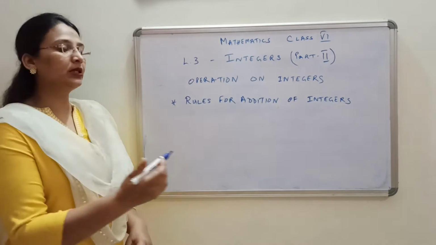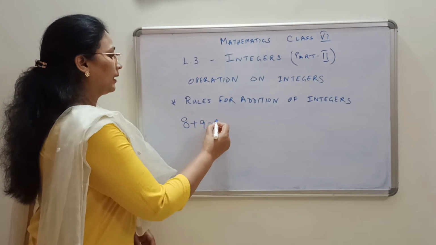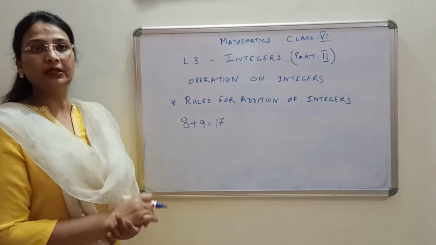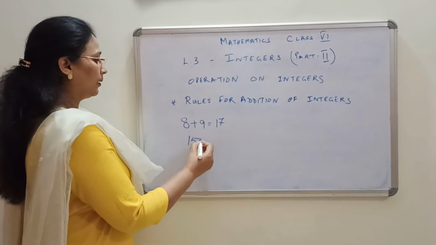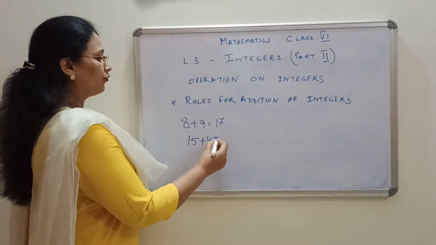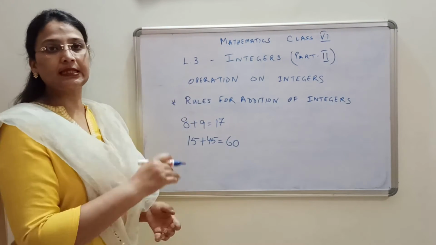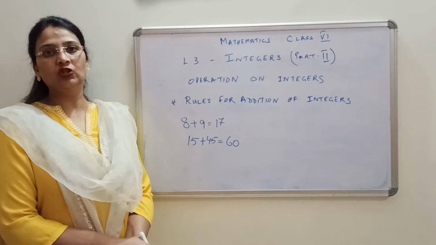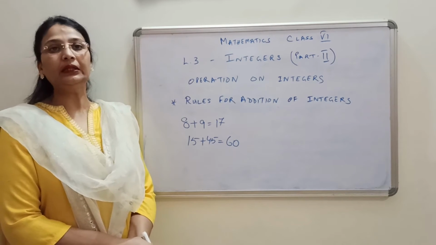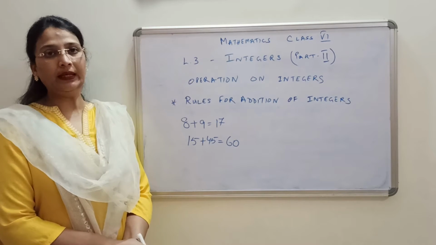For example, 8 + 9 = 17, and in the same way 15 + 45 = 60. Rule 2: The sum of two negative integers is obtained by giving the negative sign to the sum of their numerical values.